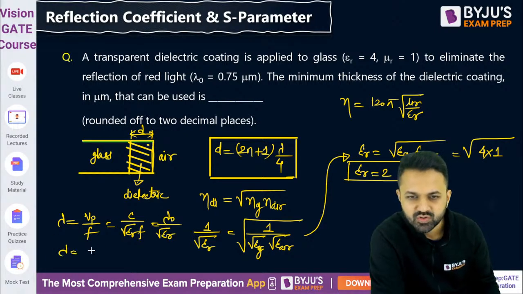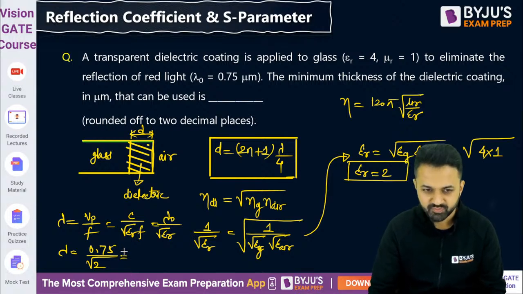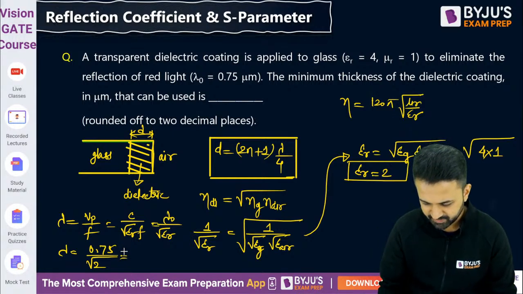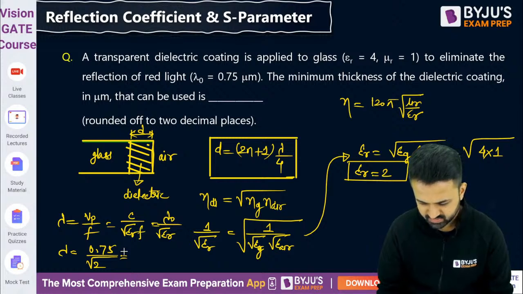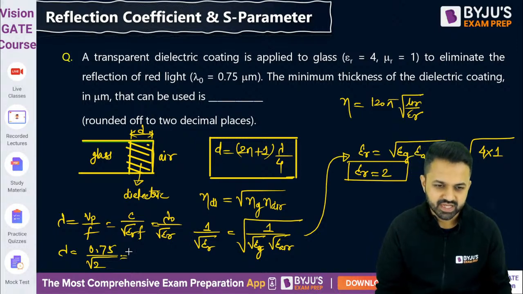So lambda is equal to lambda naught, that is 0.75, divided by root 2, that is root 2. So 0.75 divided by root 2 we can perform, and you will get the lambda. So it is coming as 0.53.